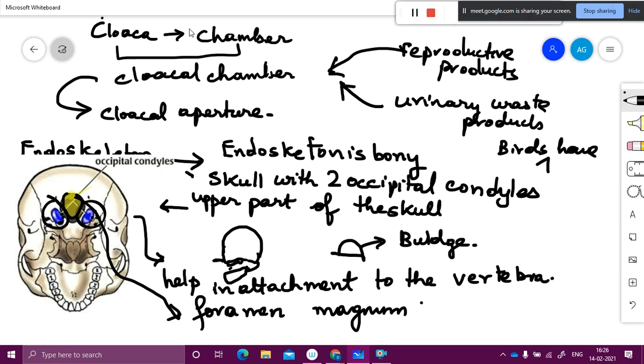Basically this is the skull, you have the occipital condyle here. This is attaching to the vertebra. So if there is only one occipital condyle, you can have a wide view.